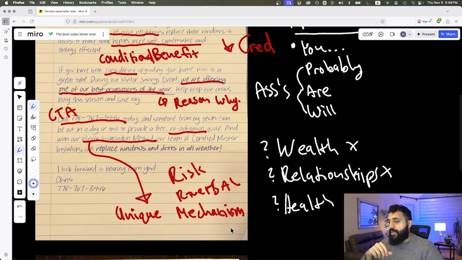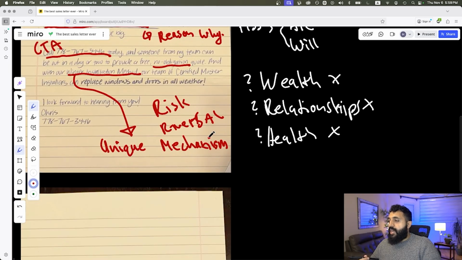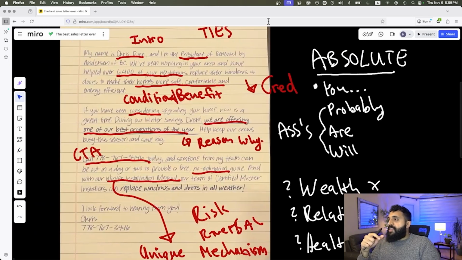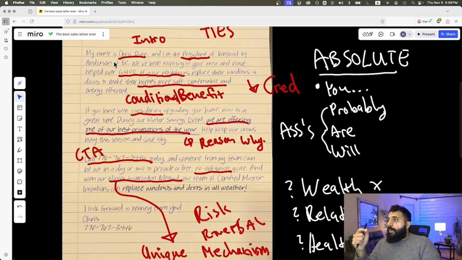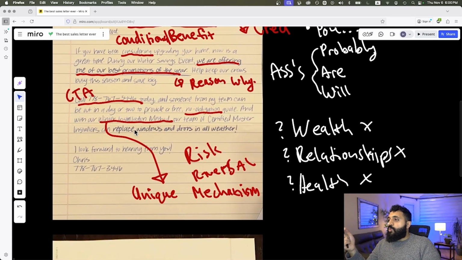You can't just Google this and figure out what it is. This is the specific company in question that knows how to do this. It's going to be specifically Renewal by Anderson of BC that has this winter installation method. So they're giving you this additional reason as to why they're better, they're different. They're not just some handyman. They've been doing this for a while. They've got an entire method.